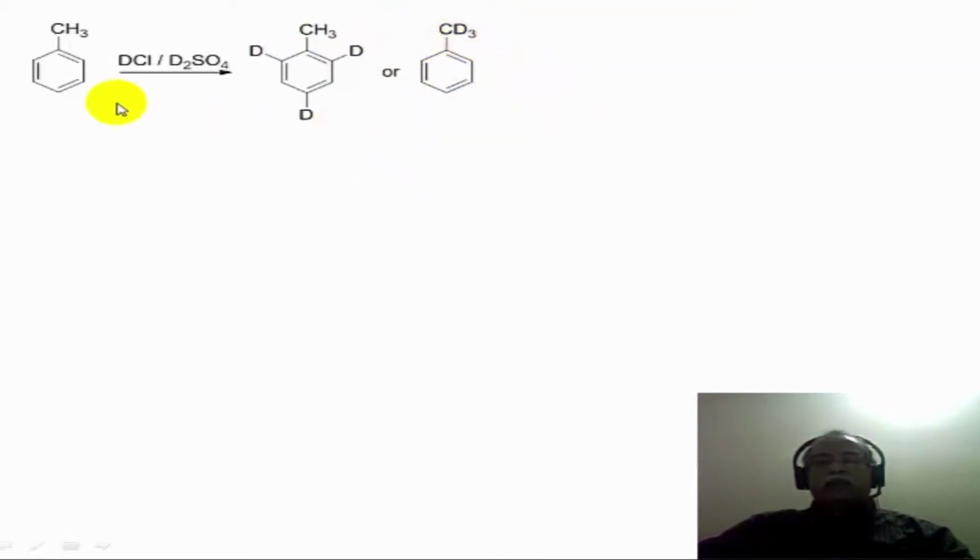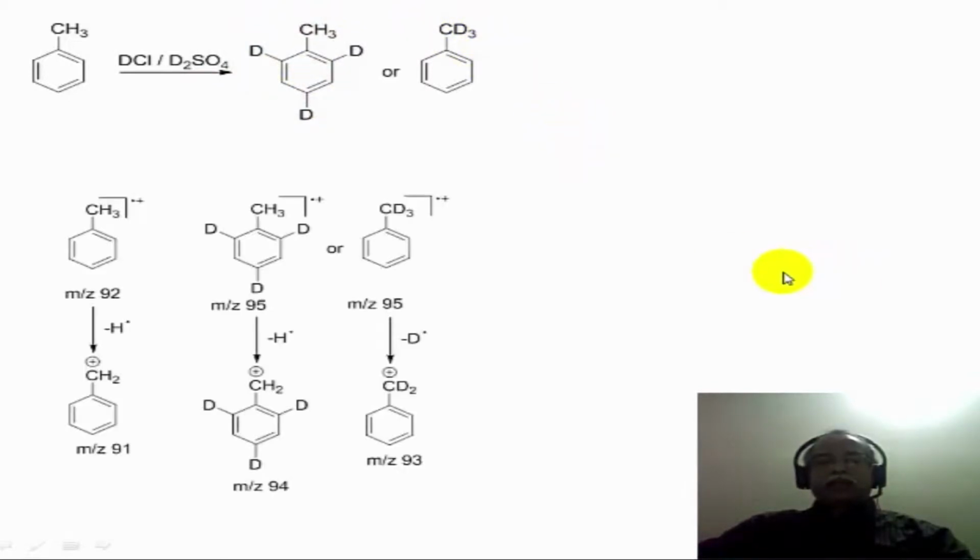How do we identify whether the reaction has given substitution on the aromatic ring or on the side chain? Now, this compound and this compound, which contain 3 deuteriums, are 3 mass units more than toluene, but they cannot be distinguished purely based on their m/z value, because both have m/z 95, as the molecular weights are the same.